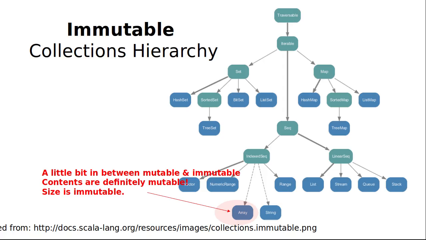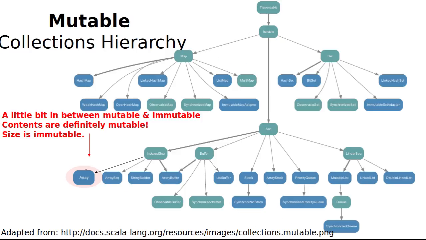One is an immutable set of collections or containers. These are things that contain items, and the items that are in there cannot be updated. They're immutable. We'll come back and talk about why that's so important later in the class, why that really helps effective software engineering. But Scala also, being a multi-paradigm language, provides a mutable collection hierarchy.